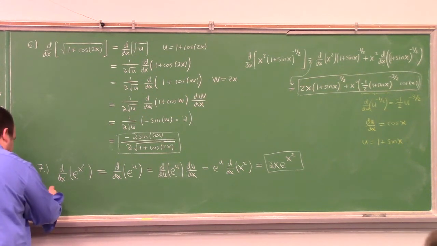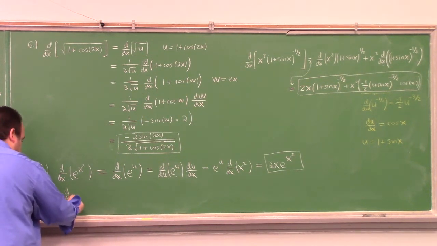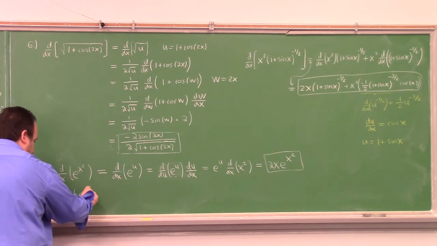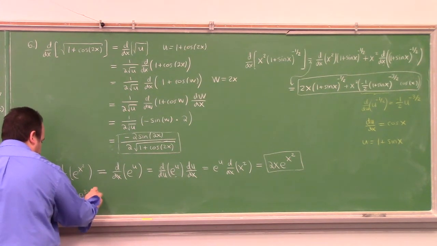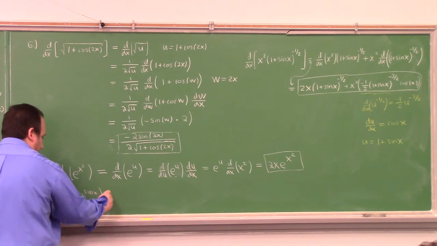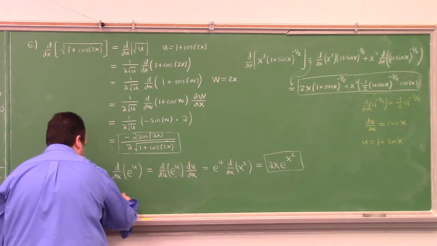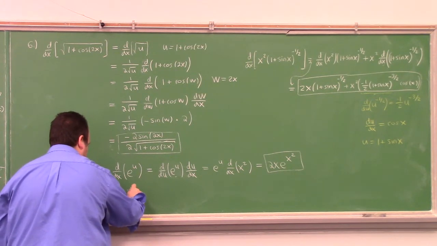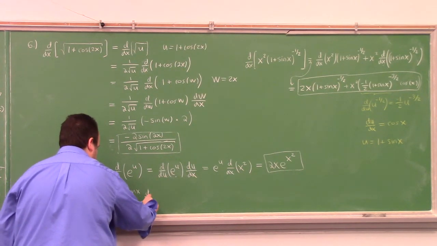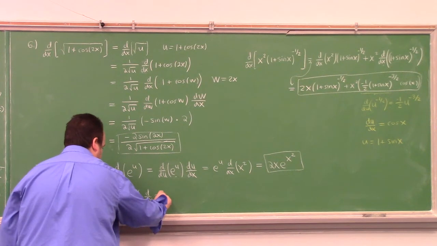Another example. d dx of e to the sine x. I'm going to write less this time. So it's an exponential. The derivative of the exponential is just the exponential again. And then I have to multiply by the derivative of the inside function. That's the chain rule.